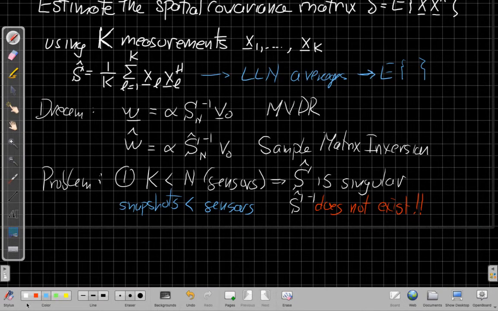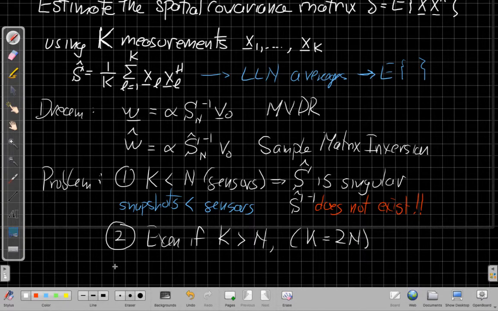The other problem we saw when we looked at the SMI material in class is that even if K is bigger than N, like the example we looked at where K was twice the number of sensors, some eigenvalues of S hat will be close to 0.